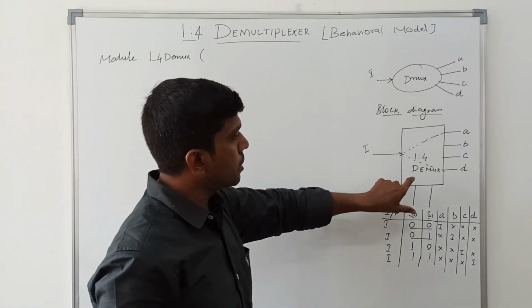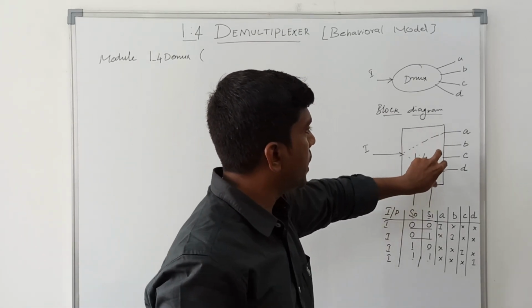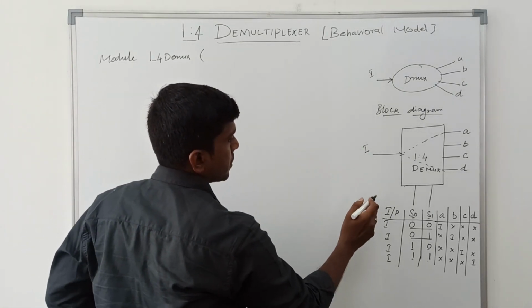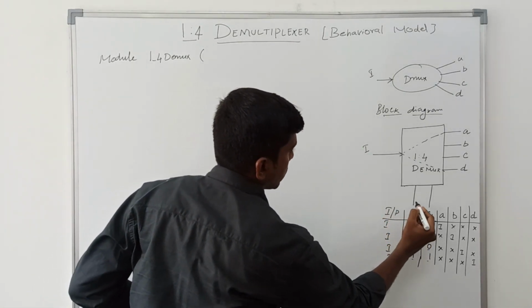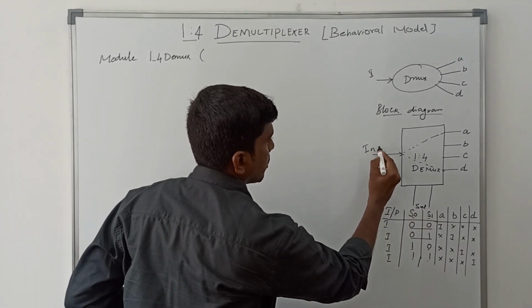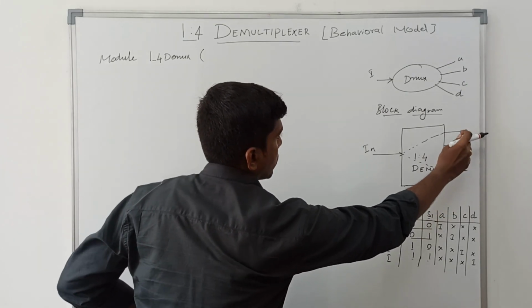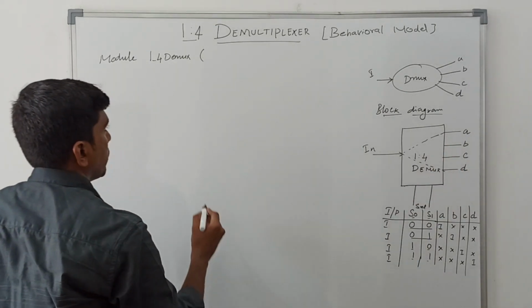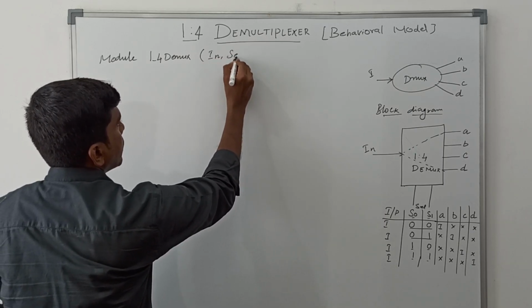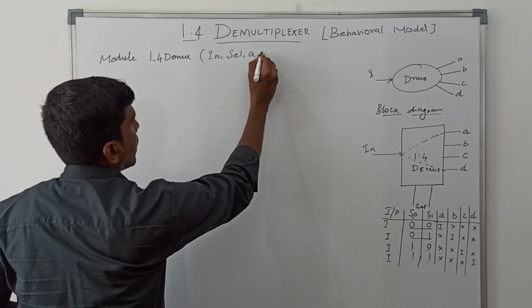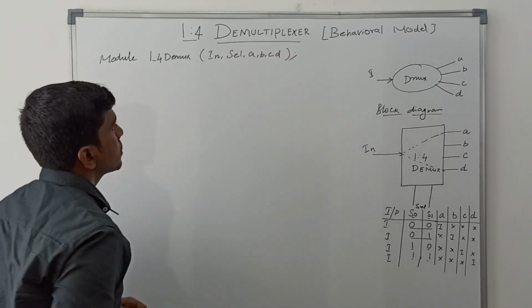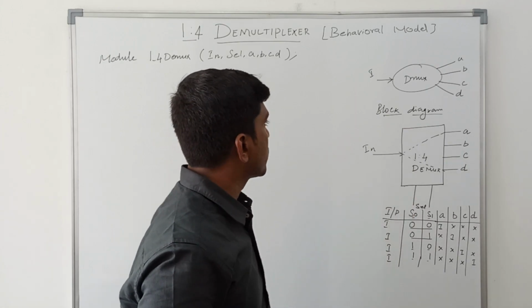What are the variables in the block diagram? The variables are S0, S1, which are the selection lines, and I, which is the input. A, B, C, D are the four output variables. So let me write here in, selection, A, B, C, D. These are the variables used in the block diagram.